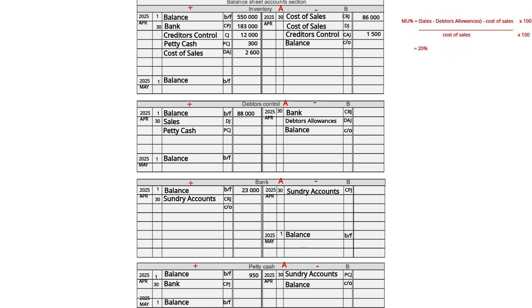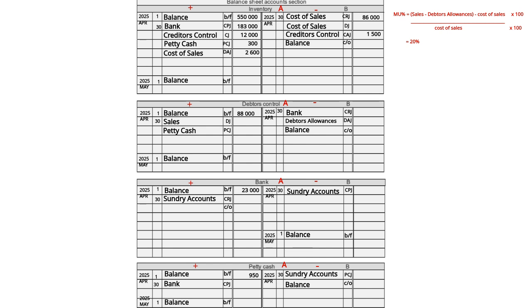So let's go have a look at our markup percentage formula again. Markup percentage formula, you take sales, you subtract debtors allowances from your sales. Once you've got that answer, you subtract cost of sales, and then you divide it by cost of sales. So that is your formula. So in this exercise, our sales was given to us as 165,000. Our debtors allowances was given to us as 3,000.